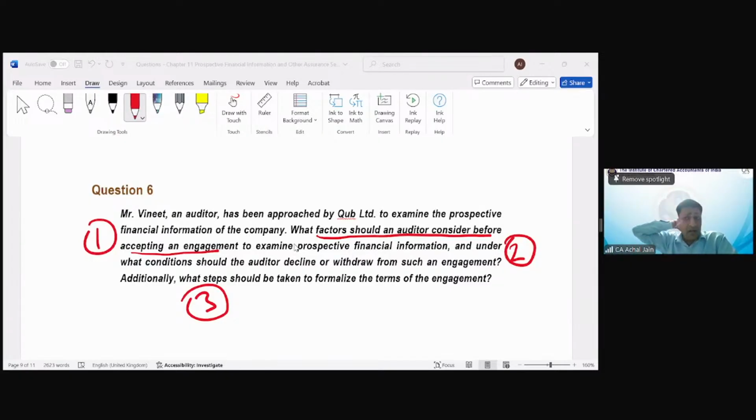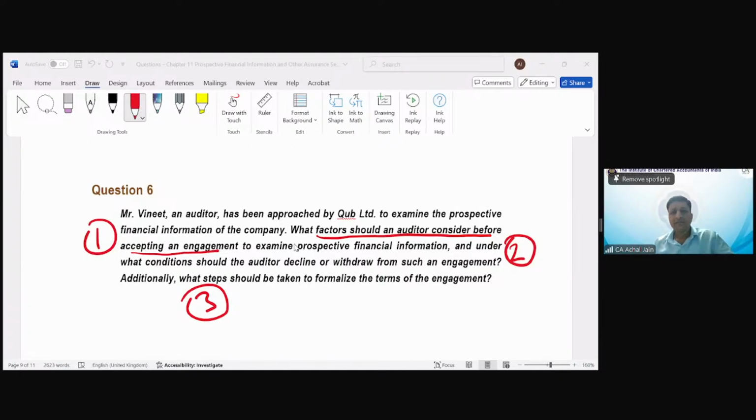Okay. And second question, under what condition should the auditor decline or withdraw? Here we are talking about only the assumption and the preparedness.